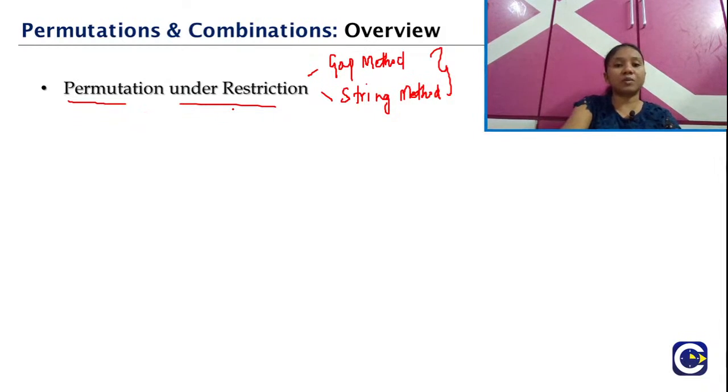After this permutation under restriction, we are left with one more concept, that is rank. So we are going to find the rank of a word, right? There will be random letters or a random word given, and we have to find the rank of it according to the dictionary. In our dictionary, we go by alphabetical order, so based upon the alphabetical order we are going to find the rank of a word.